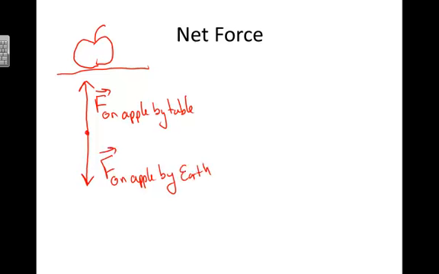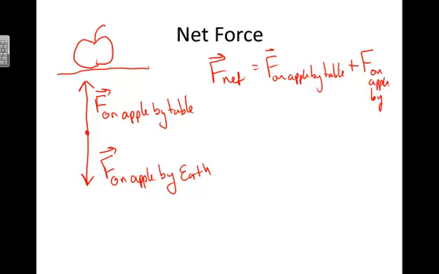That's really the only forces on there. This is our free body diagram. So the net force is just the sum of those two: F net on the apple is just F on apple by table plus F on apple by earth.